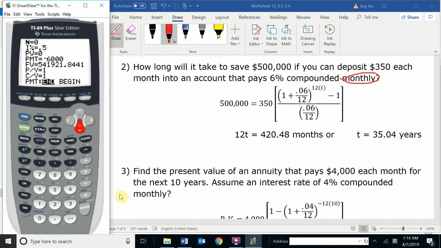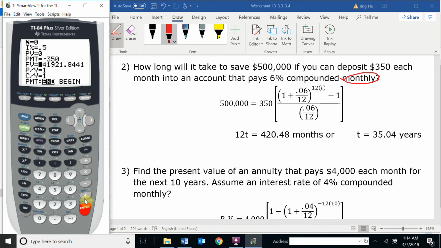The present value, we don't need the present value here, so stay at 0. Now go to payment. Every month you pay 350, so it is negative 350, enter.